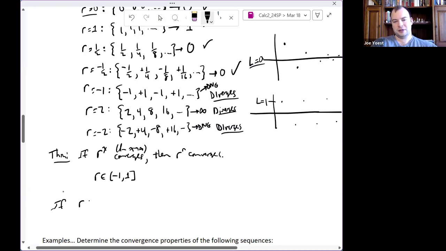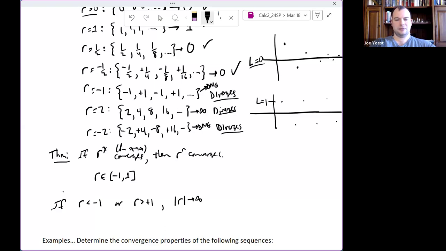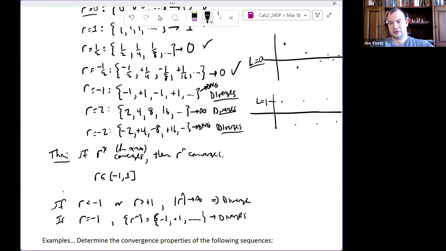And then I know if r is less than -1 or r is bigger than +1, the absolute value of r to the n goes to infinity with n, so we diverge. And then the only case left is if r equals -1, where the sequence of r to the n is -1, +1, and so on, which diverges.